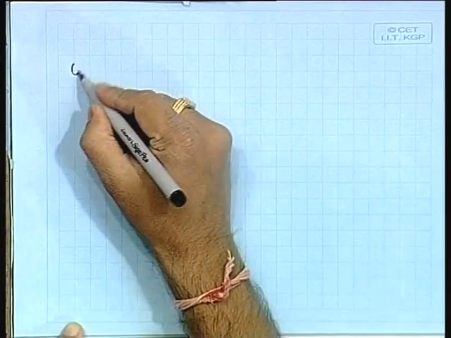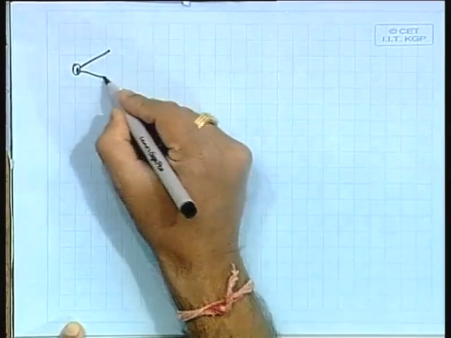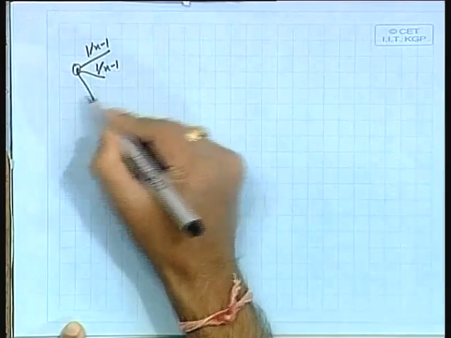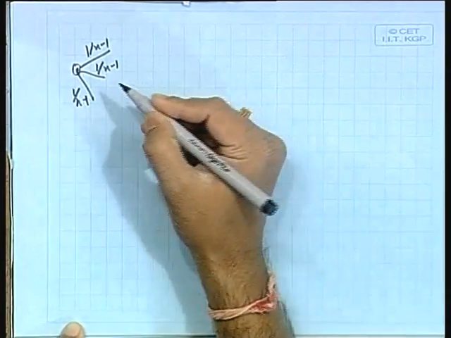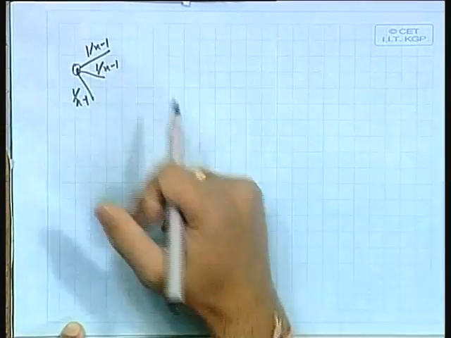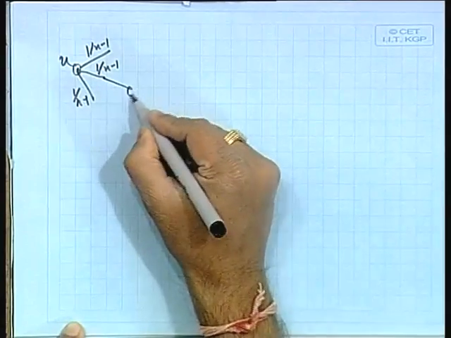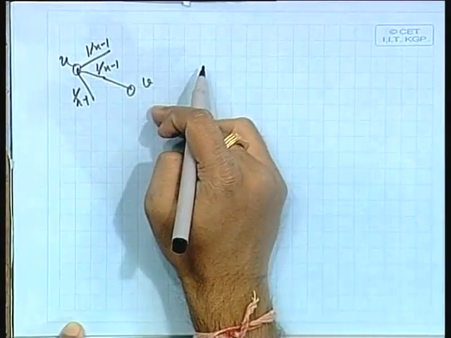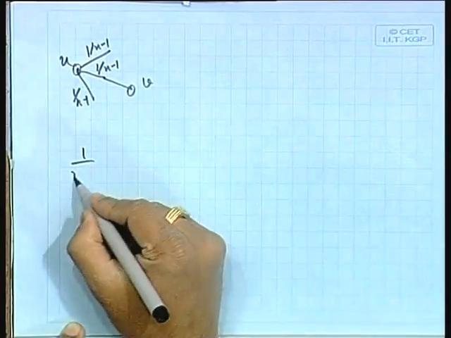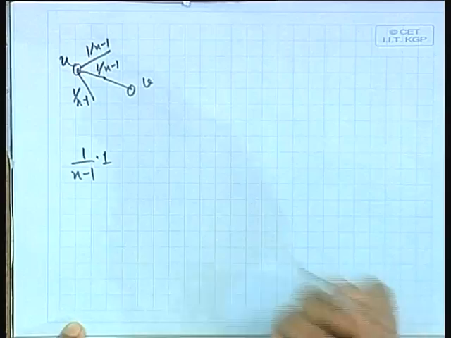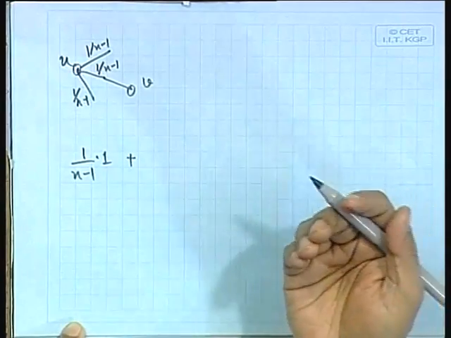Let's see. So for any clique, what happens? What are the weights or probabilities on the edges? 1 by n minus 1. Every node connects to n minus 1 other nodes. So this is 1 by n minus 1. So say I am looking at u and v. The probability that u goes to v in one step is 1 by n minus 1. What's the probability that it goes in two steps?